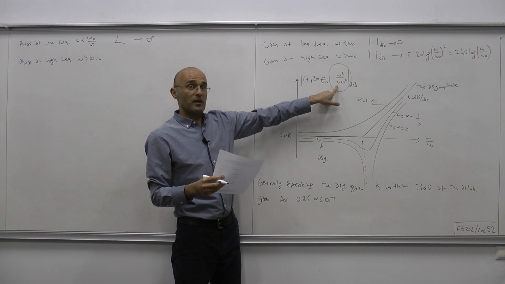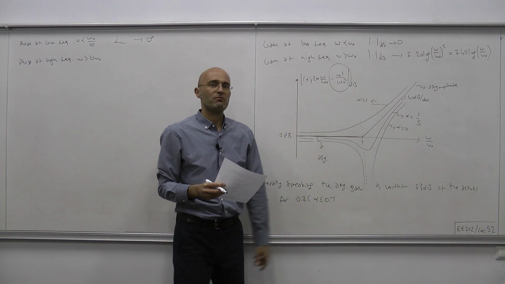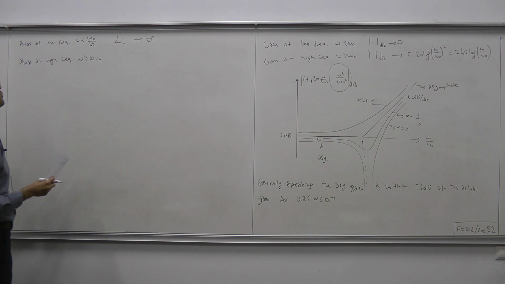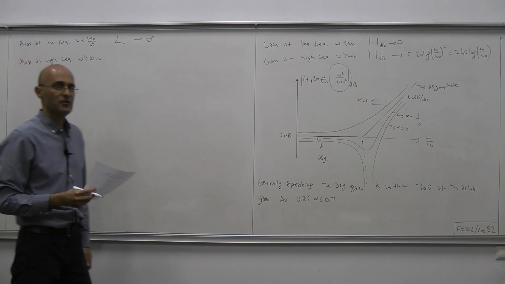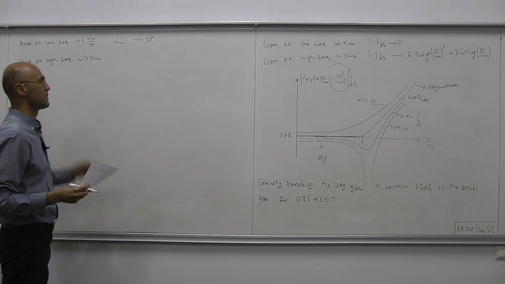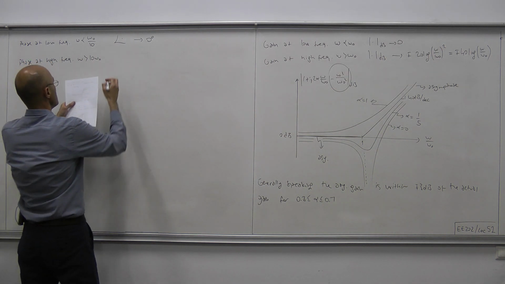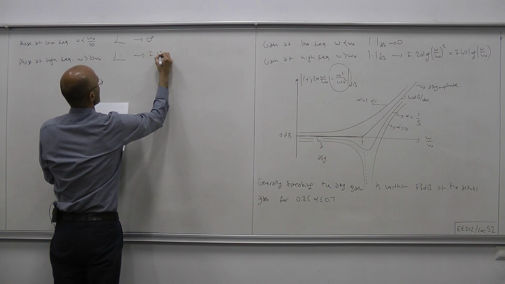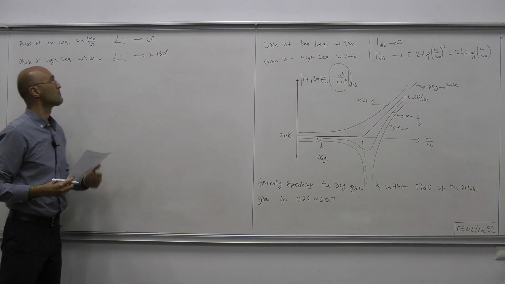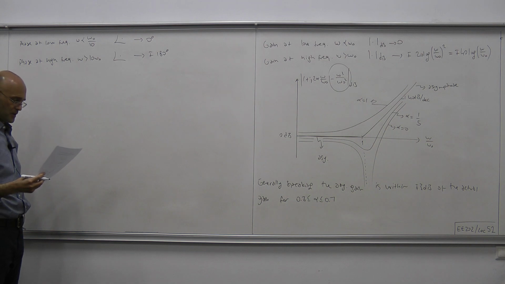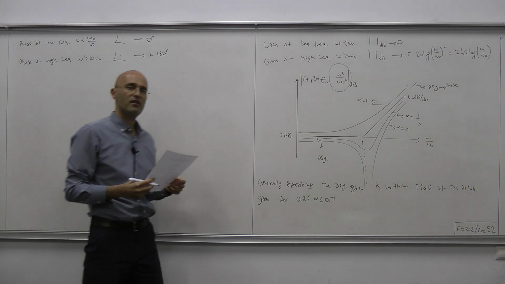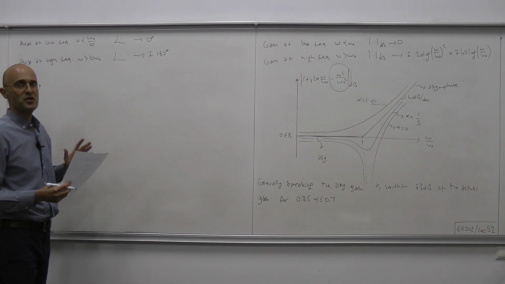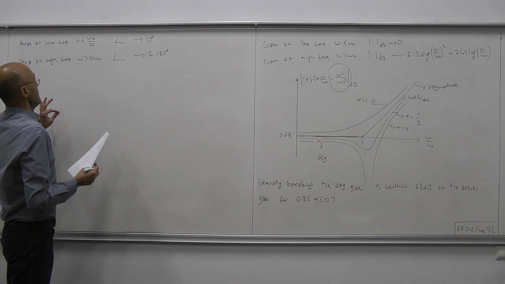It's negative, it's real, therefore its phase is 180 degrees if it appears in the numerator, and minus 180 degrees if it appears in the denominator. So that means the phase is plus or minus 180 degrees at high frequencies.